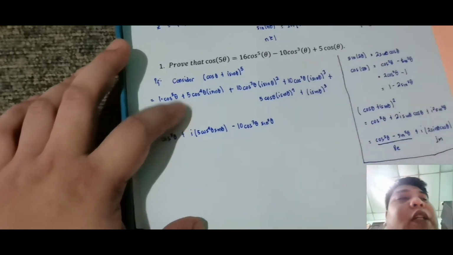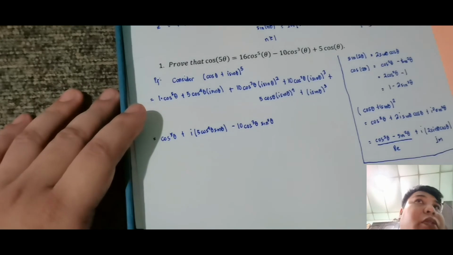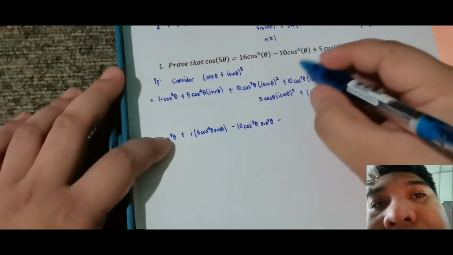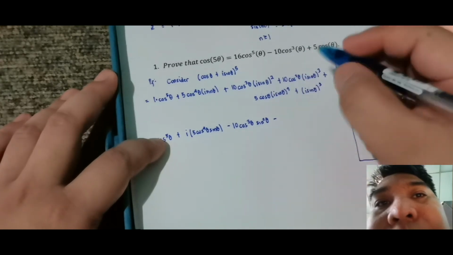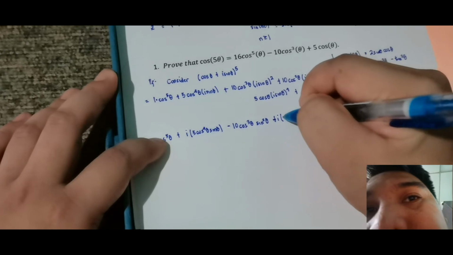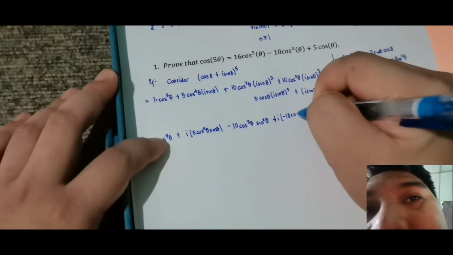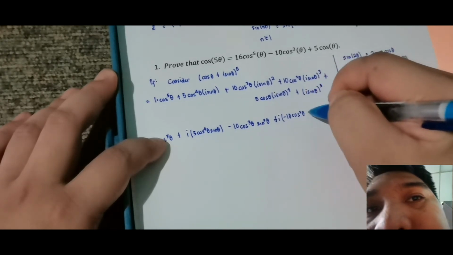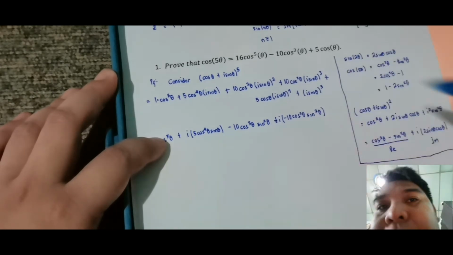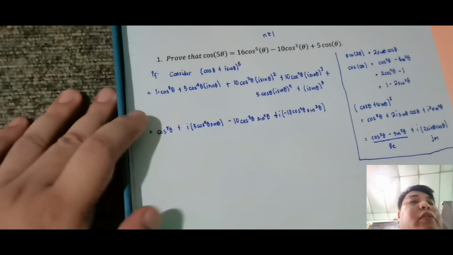The next dito, since cube, hiwalay ko yung I squared, magiging negative. Tama. So that is negative. Or, lagay ko, that is plus I, tapos lagay ko yung negative sa loob, negative 10 cosine squared theta, tapos sin cube theta. So, nilagay ko lang yung negative sa loob para makita mo na yung mga I.